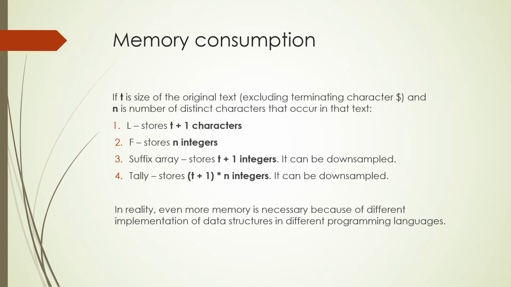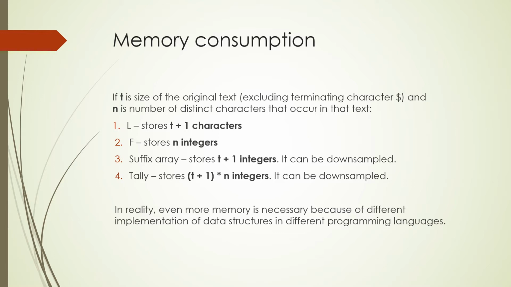The suffix array tells us what rotation of the original text has been used to calculate a particular character in the last column. So we need to store an integer per rotation. And finally, tally. Tally informs us how many times we have come across a certain character.